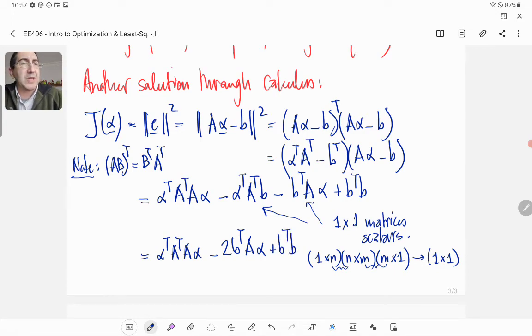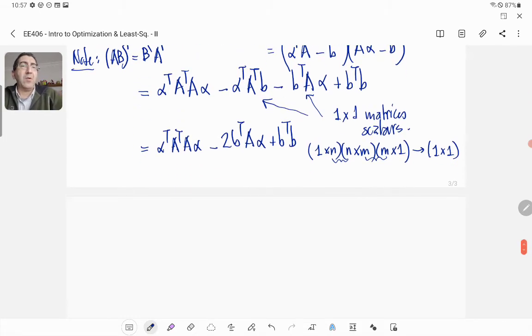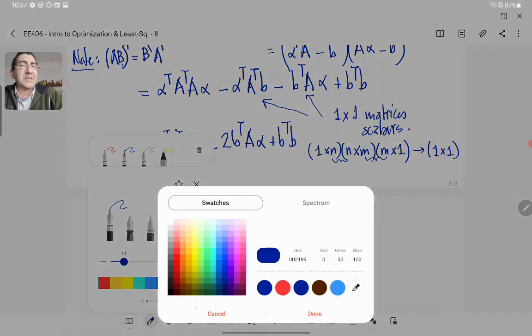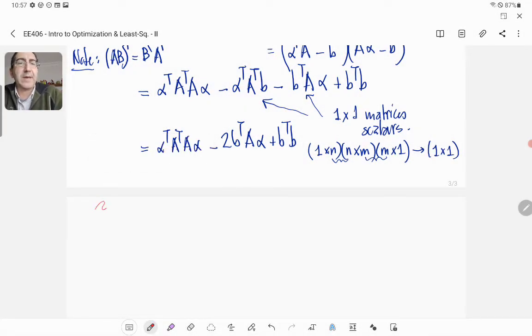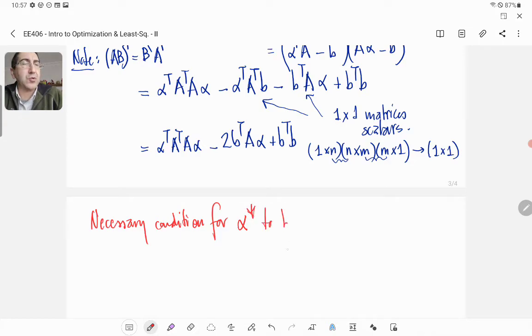Plus B transpose B. Now let's use our optimization concept. The necessary condition for alpha star to lead to the minimum of J.